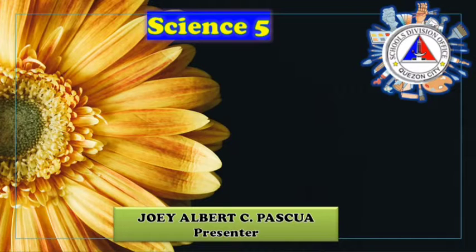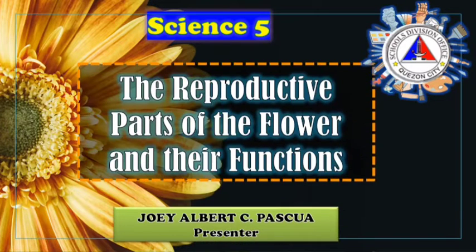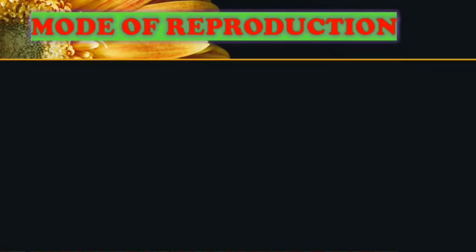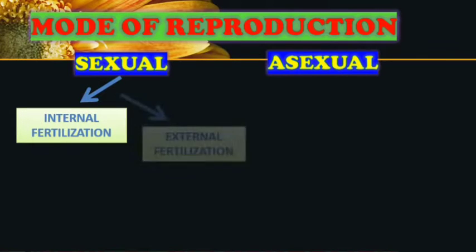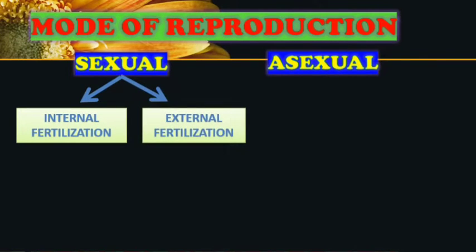For today's lesson class, we are going to discuss the reproductive parts of the flower and their functions. Last meeting, we discussed the modes of reproduction in animals. These are sexual reproduction and asexual reproduction. Under sexual reproduction, we have internal fertilization and external fertilization.